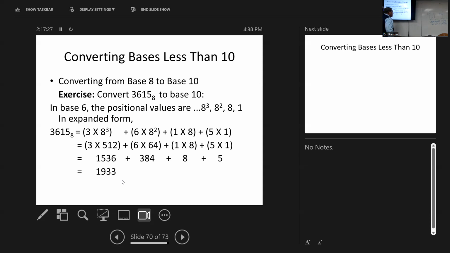It's base 8. Again, remember the first position is 1 minus 1, 0, so that becomes 1. This is to the power of 1, power of 2, power of 3. So we have base 8 to the power of 3, 8 to the power of 2, 8 to the power of 1. That's the base system. So you raise these numbers to the exponent, you get 512, 64, 8, and 1, and then you multiply and add them, and you get 1933.